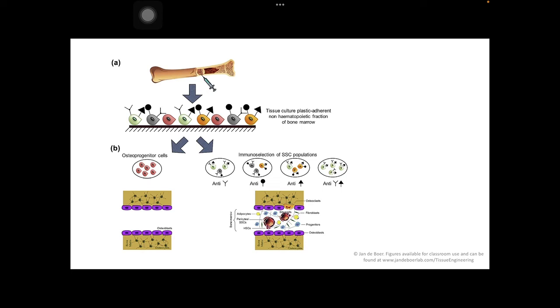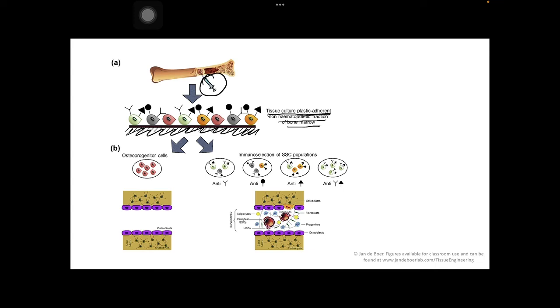So in this case, what the figure is saying is that you can make an aspirate of the bone marrow and put it in the tissue culture plastic, and only a subset of the non-hematopoietic fraction will attach. The hematopoietic fraction is the type of cells that are not going to attach to a surface, into a tissue culture plate. And these are the type of cells like red blood cells or the progenitors of the red blood cells that are not going to be attached.